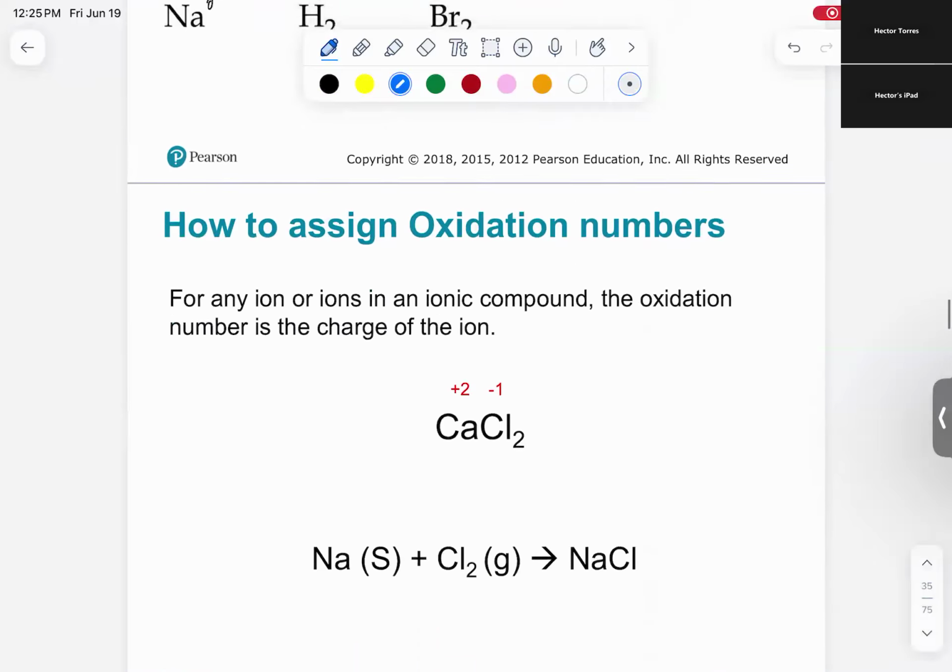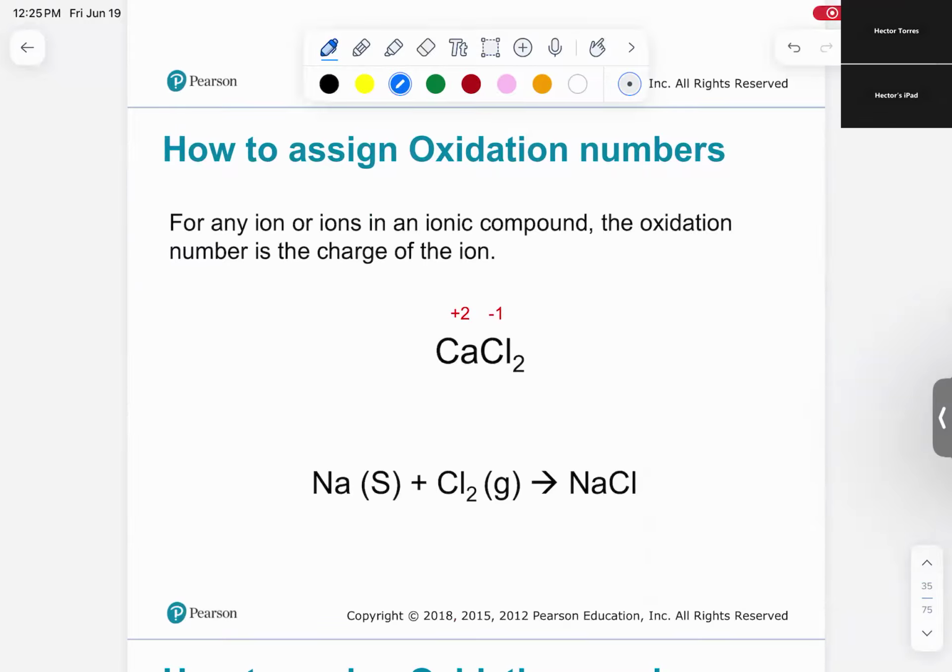Okay, let's go to the second one. It says for any ion or ions in the ionic compound, the oxidation number is the charge of the ion. Here I can see Ca has a charge of +2, Cl has a charge of -1, because that's typically what their charge is going to be.